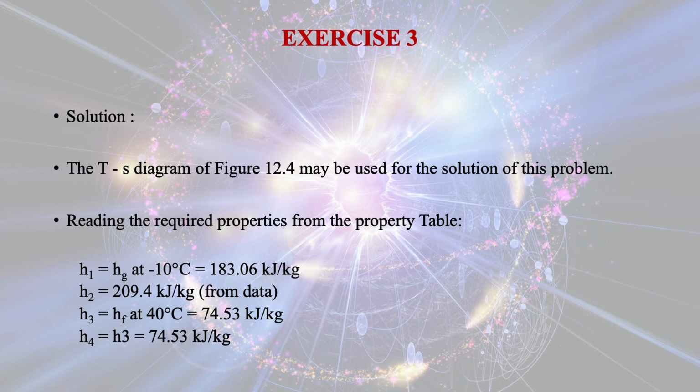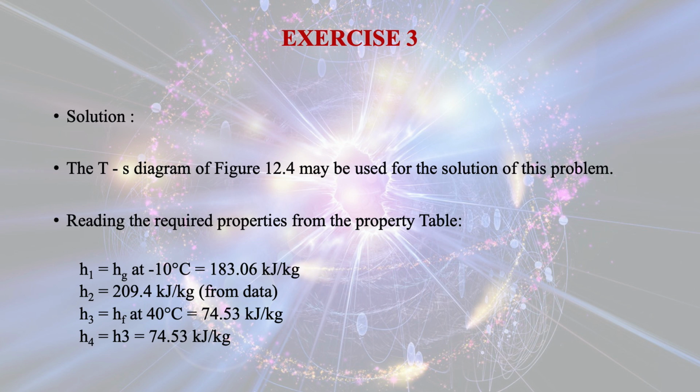The TS diagram of figure 4 may be used for the solution of this problem. Reading the required properties from the property table, H1 is equal to 183.06 kJ per kg, H2 is 209.4 kJ per kg.